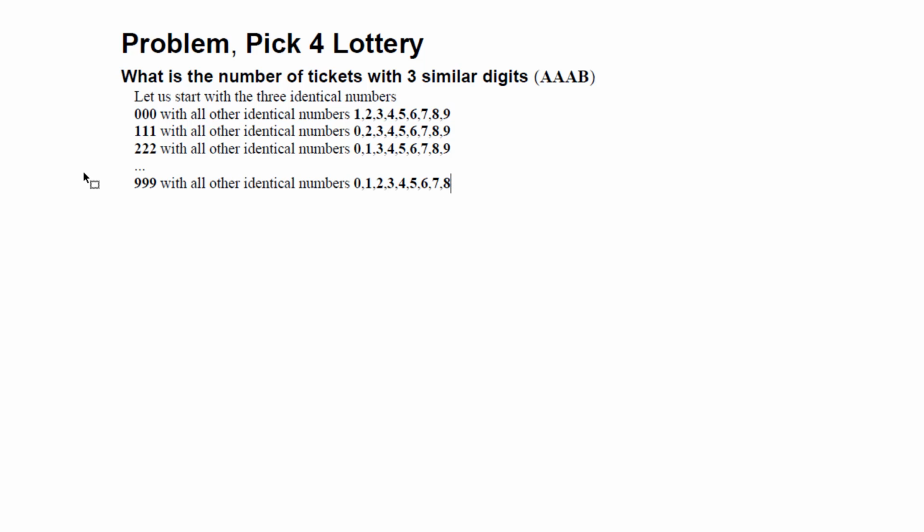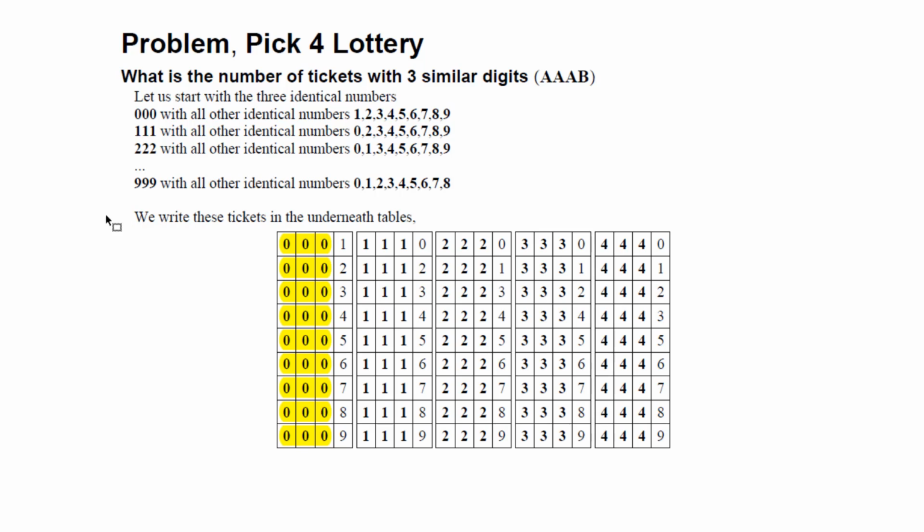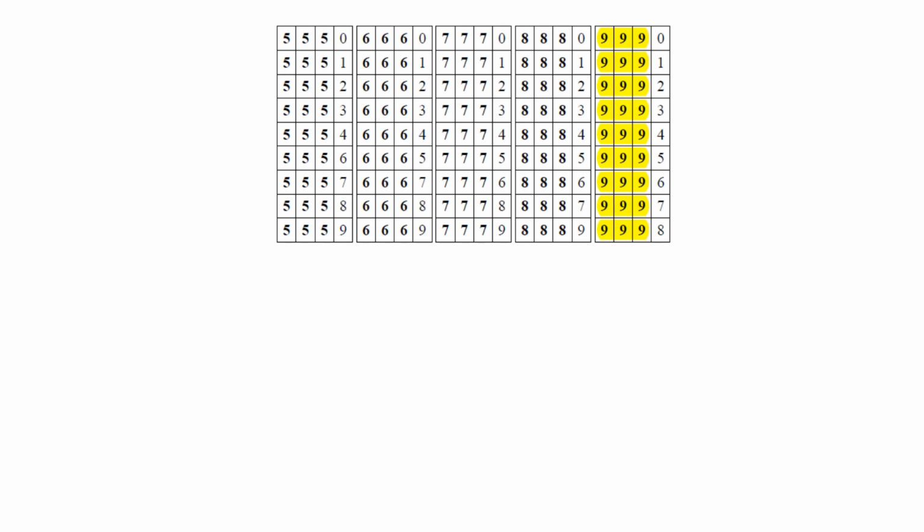And what do we get? We get all these tables here, and each table contains all these tickets, and each ticket can be permuted in how many ways? Can be permuted in 4 ways. So each table contains 9 tickets, and each ticket can be permuted in 4 ways.